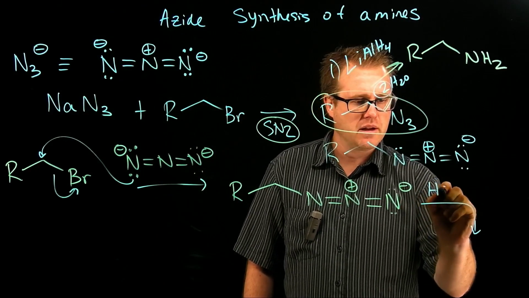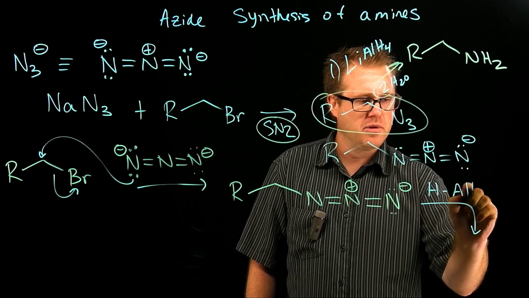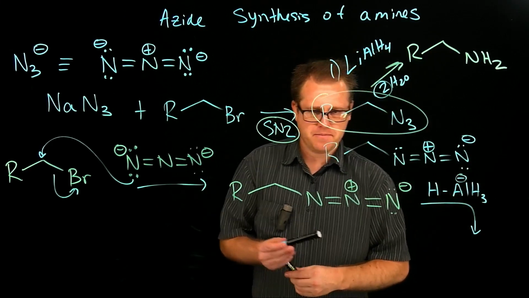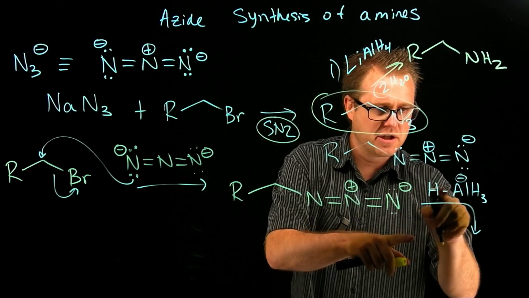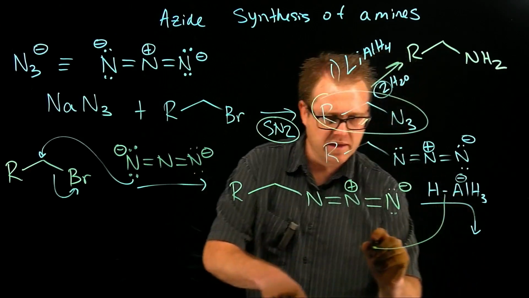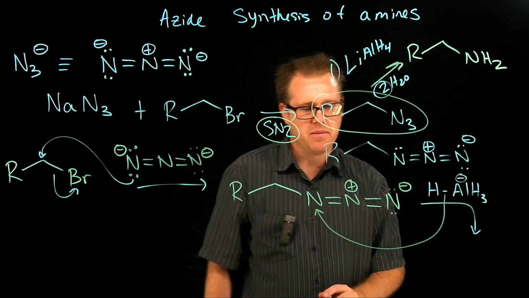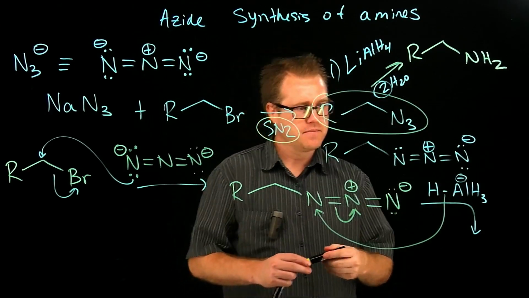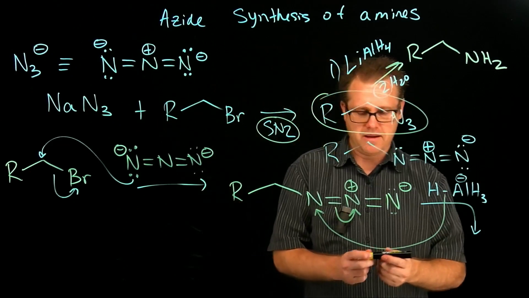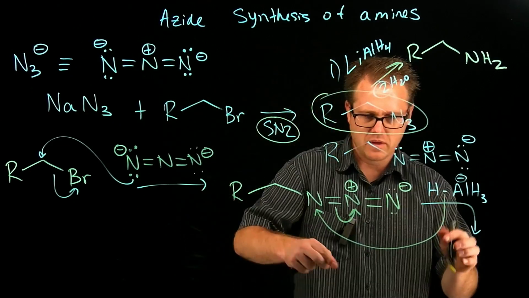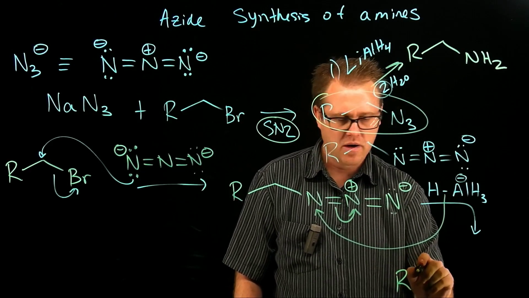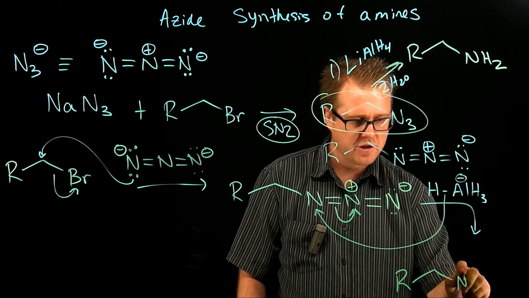If we take a look at lithium aluminum hydride, what happens is this hydrogen aluminum bond, we've seen it time and time again, comes in and attacks. And then that's going to go like that. So that's going to give us the molecule that I'm going to draw down here. That's going to give us an R, nitrogen.